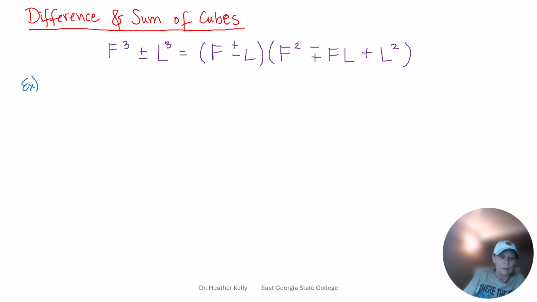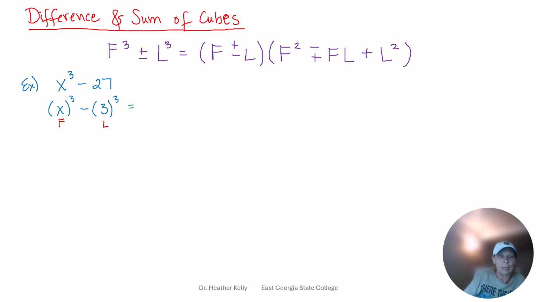Okay, so let me just start off with one kind of simple, x cubed minus 27. So I'm going to rewrite this as x cubed minus 3 cubed, and I'm just going to apply this formula here. I want to make sure that you see that this is the F and this is the L.